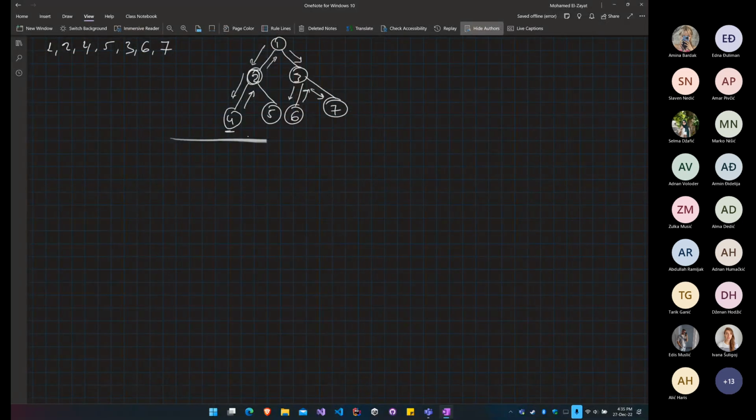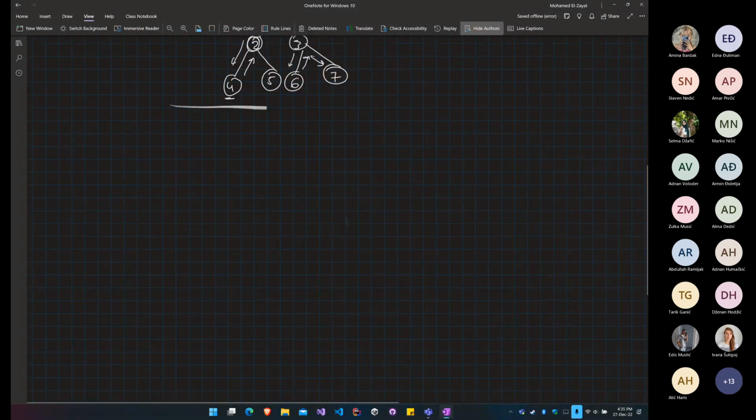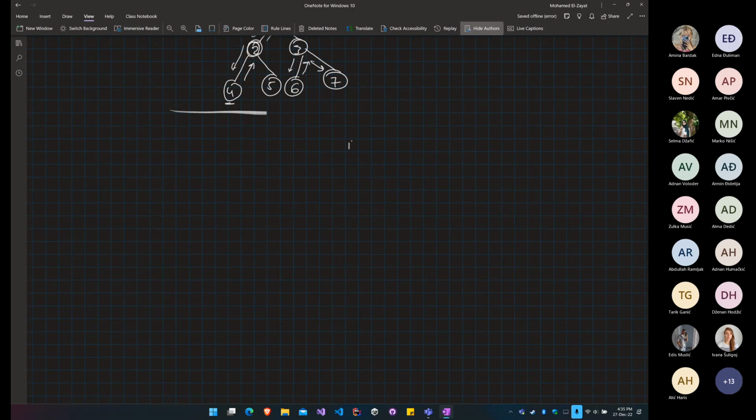So how would you actually solve something similar to this, for example? There are many ways of solving this, by the way, but I'm going to use one.